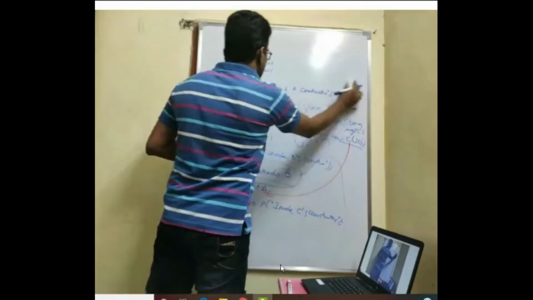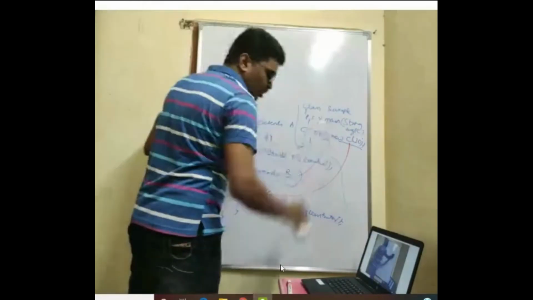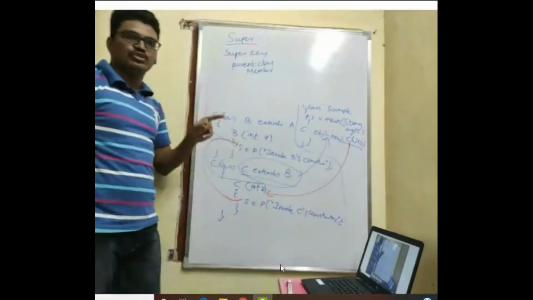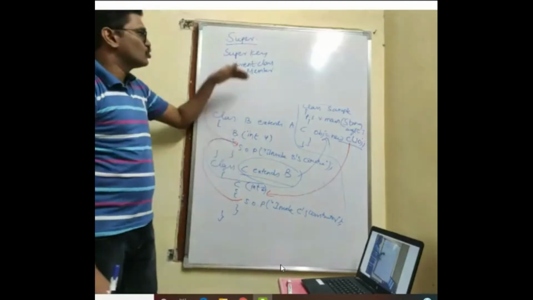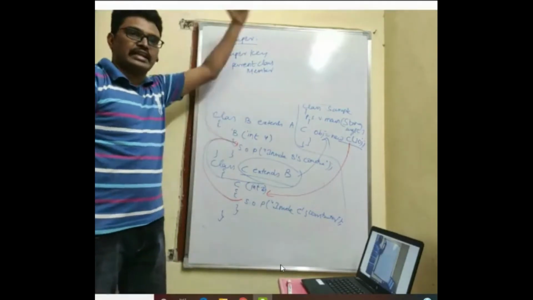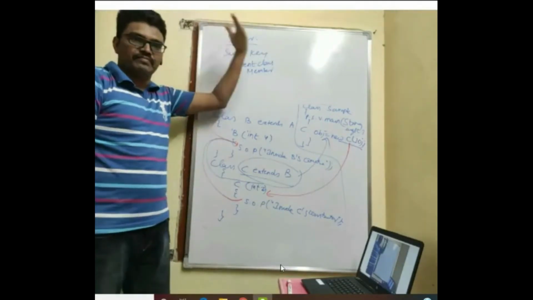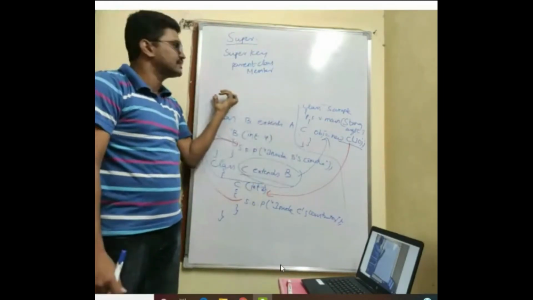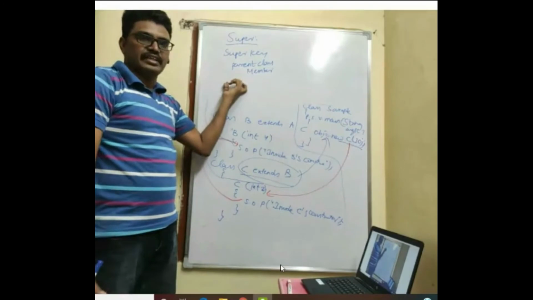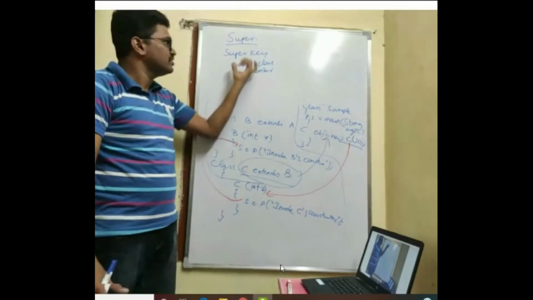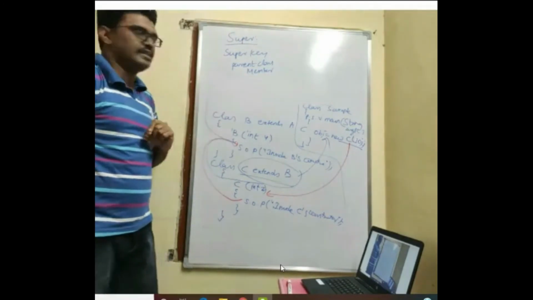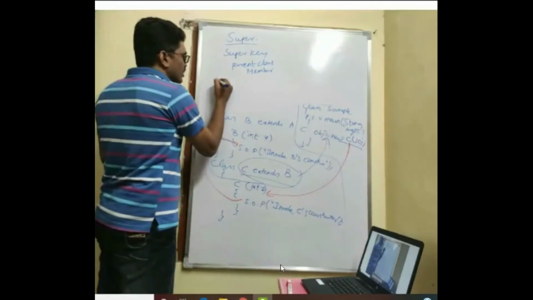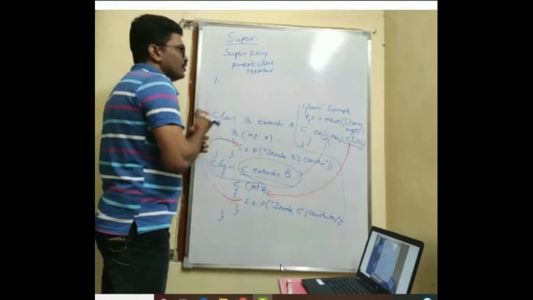The this keyword is used to refer to the current object. But super is used to refer to the parent class members: parent class variables, parent class constructor or parent class methods. Anything you can refer to by using the super keyword. Is that right? There are three usages of the super keyword.